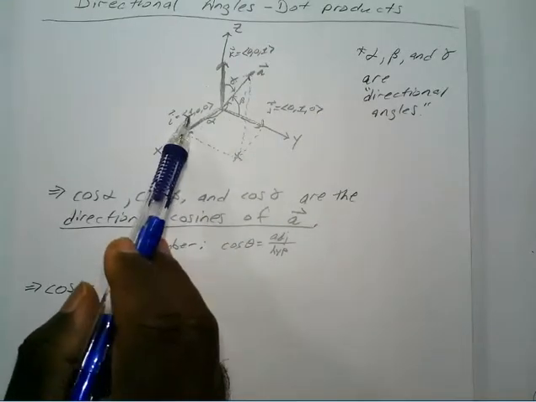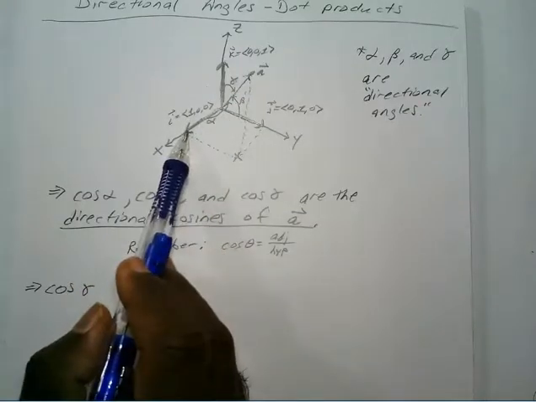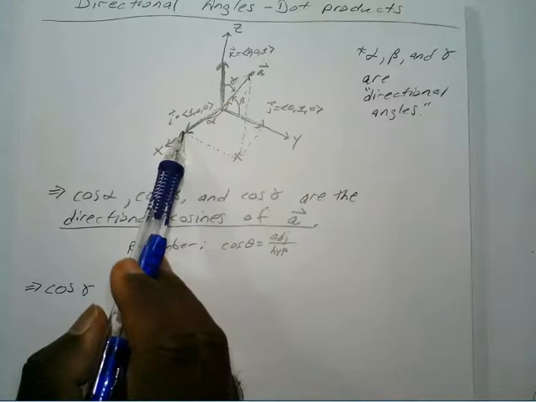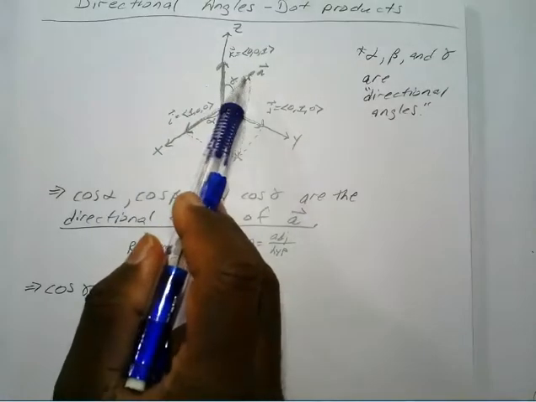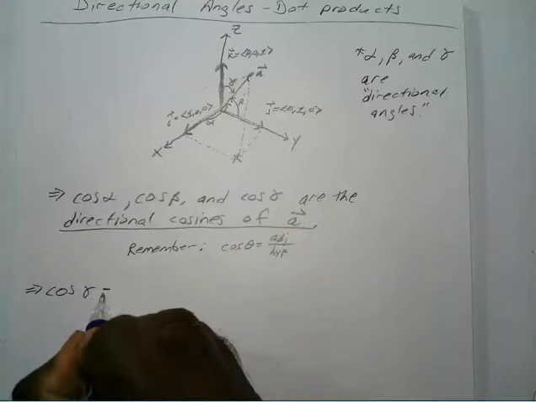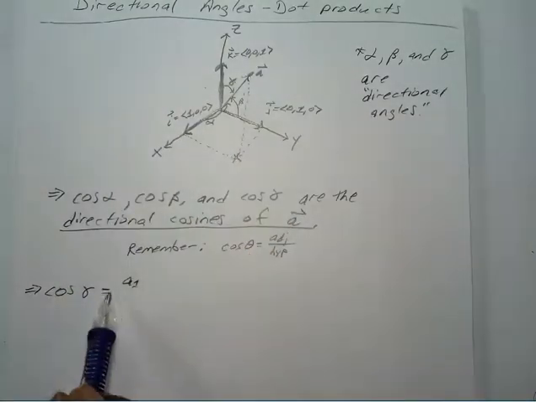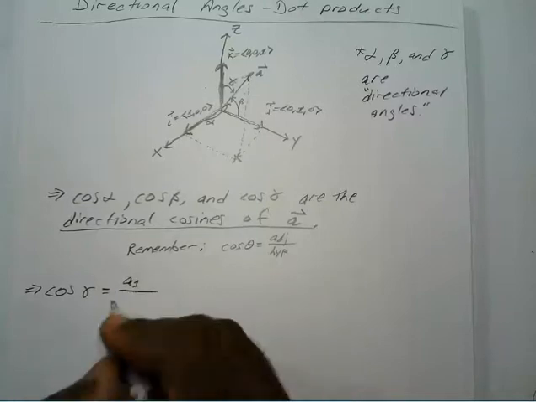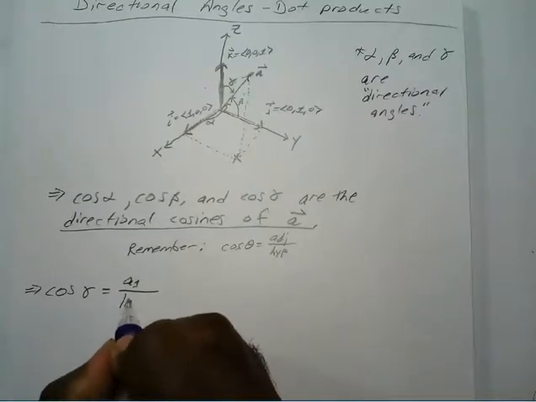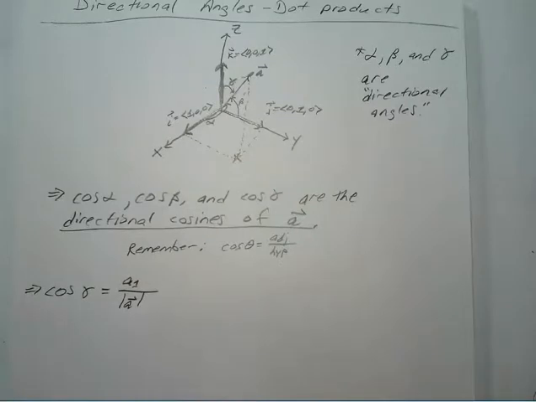It doesn't have to be just one; I just use that as a guide. So it's adjacent over the hypotenuse, which is the length of your vector. That equals the x value, which we'll call a1, over the magnitude of A.